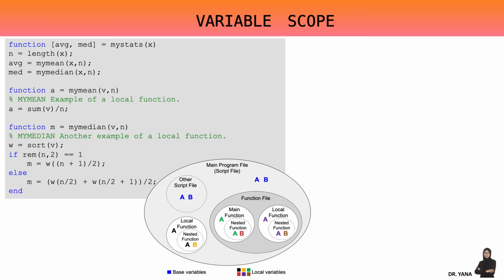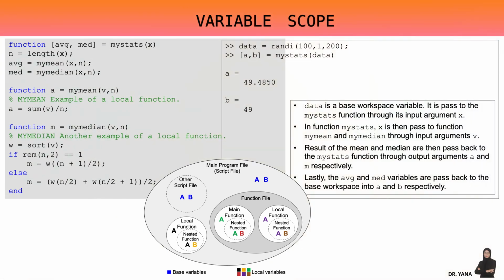The myMean function will calculate the average, while the myMedian function will calculate the median. And then you're going to type the input of your MyStat function in the command window. Let's say we name it data. And you assign a random integer between 100 to 200 to the data variable.